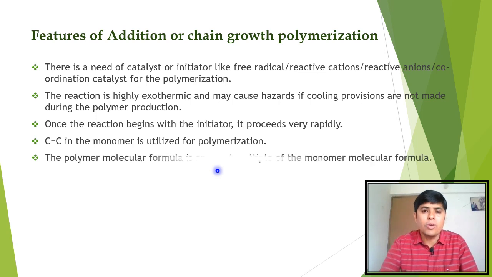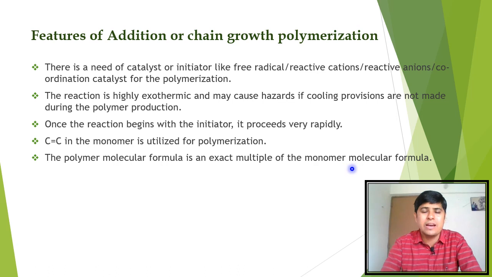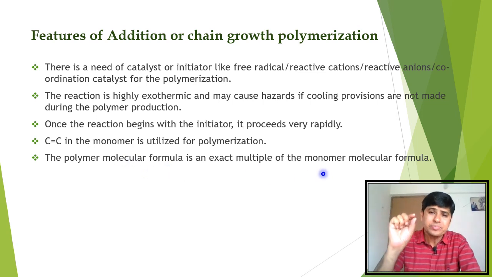The polymer molecular formula is an exact multiple of the monomer molecular formula. For example, n number of vinyl chloride molecules will give polyvinyl chloride, and the polymer molecular formula is the exact multiple of the monomer molecular formula.